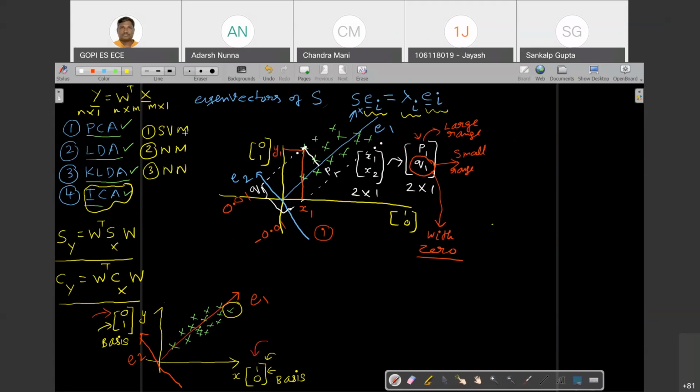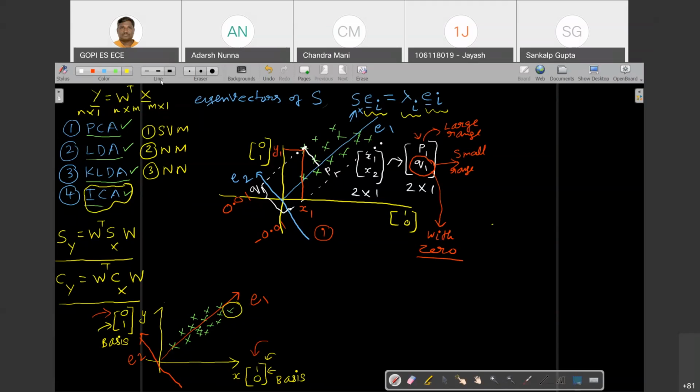After projection, we give this as an input to these, and we can do the classification. So this dimensionality reduction helps in having a good packing capacity without losing much information. That is the important point to note down. It is also used to store the data, like image compression, and for data representation for classification.